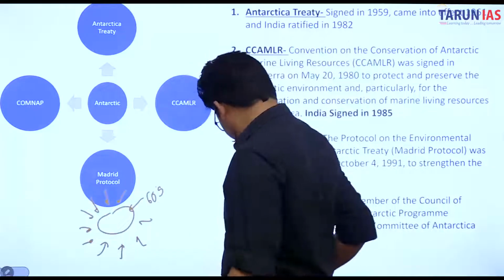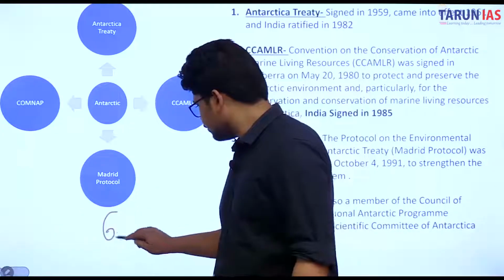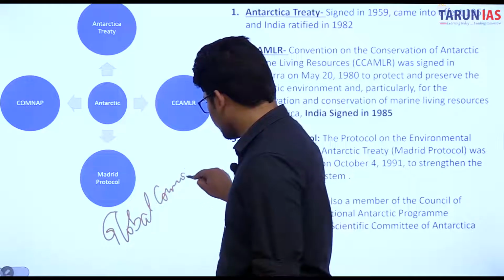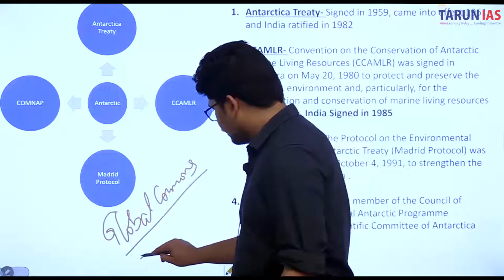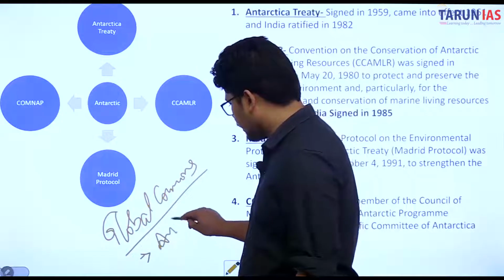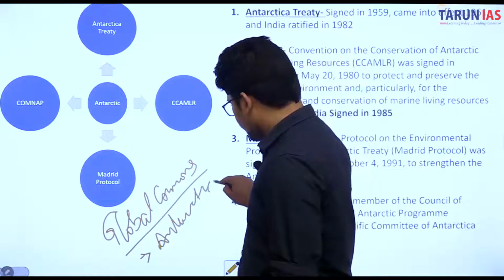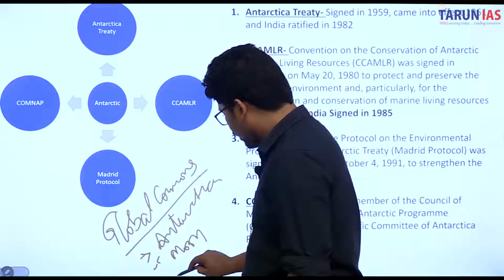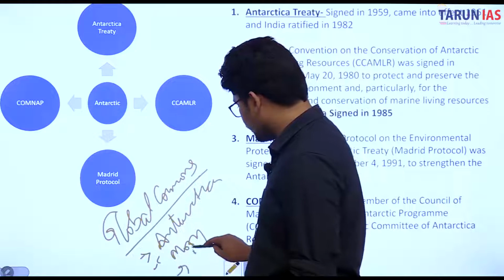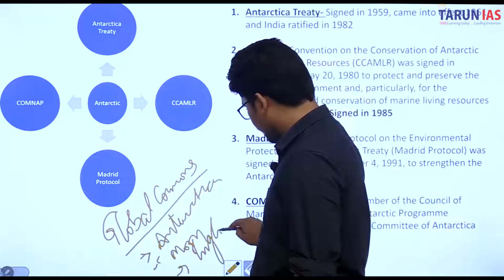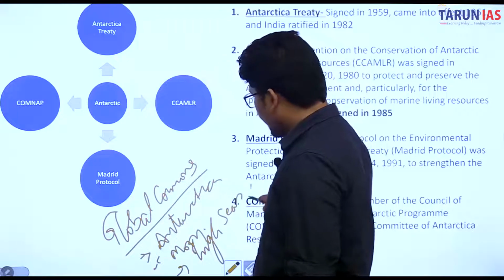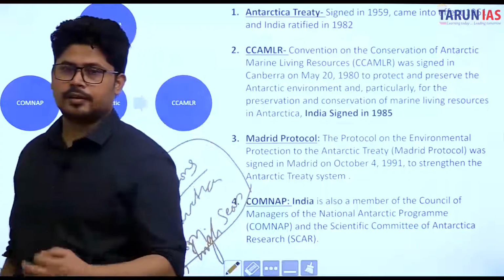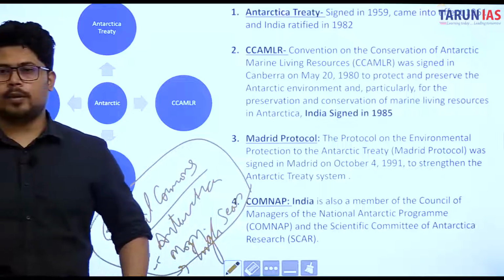Global commons. First of all, Antarctica. Second is, for example, the moon. The third is high seas. Anything that is not being owned by one specific country becomes a global common.